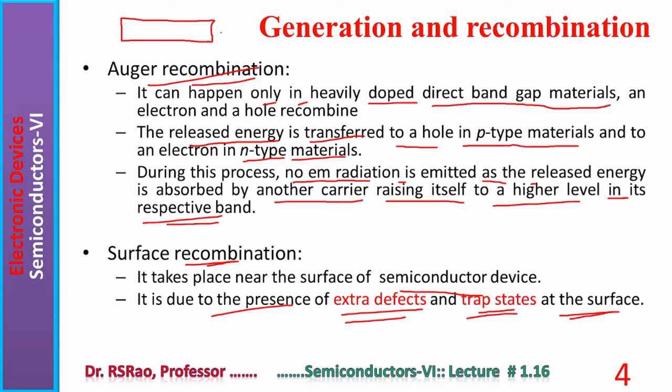During recombination, electron meets hole or hole meets electron, and both particles disappear, releasing a certain amount of energy into the outside world or into the crystal structure. So generation requires supply of energy, recombination releases energy out.